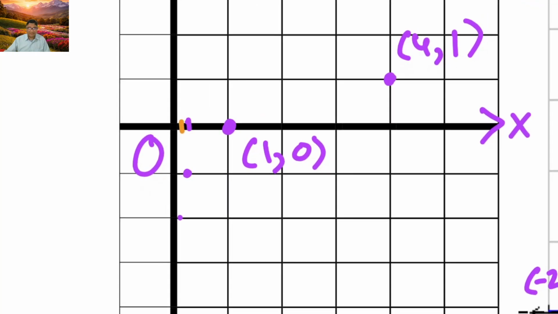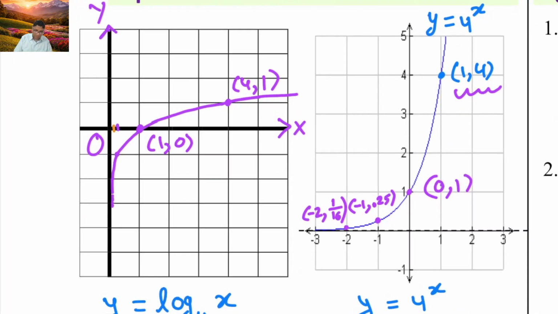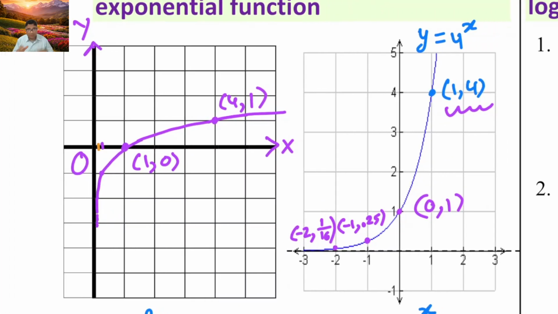Okay, now you see the pattern, what's happening. I'm going to draw the freehand diagram. And it's going to, okay, that doesn't look asymptotic like that. That, my friend, is the graph of log x. Okay, in this case, the base is 4.